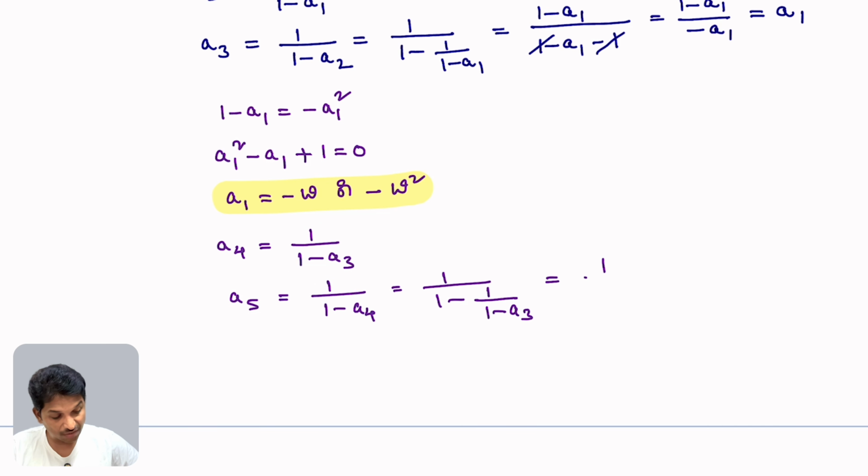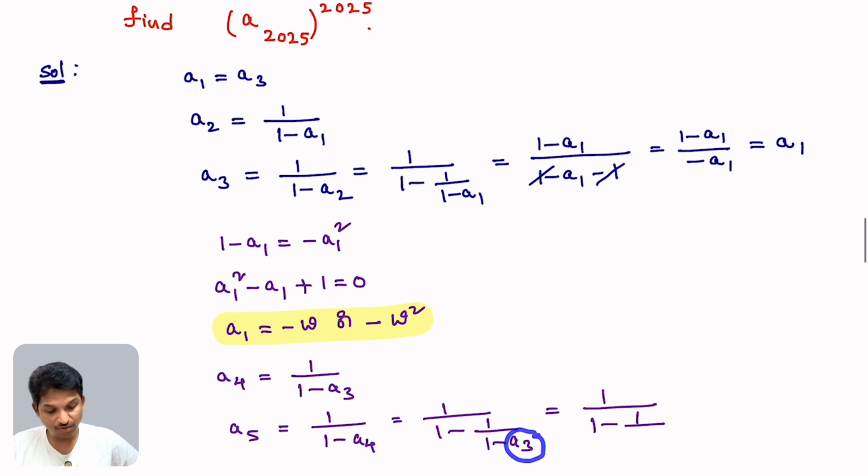Observe carefully here: 1 divided by 1 minus a3, and a3 is the same as a1. That is given in the question. In place of a3, I can write a1.